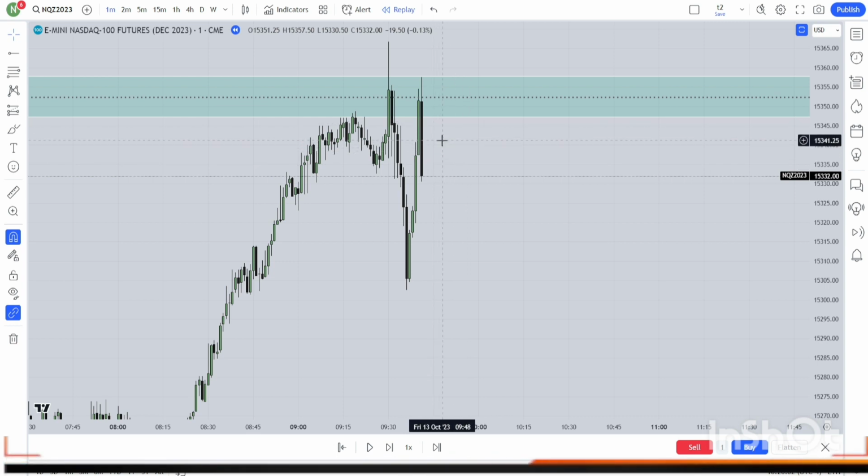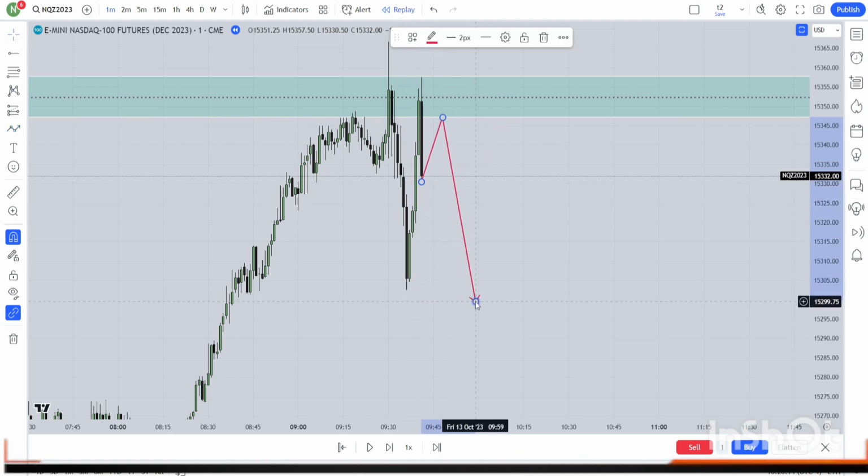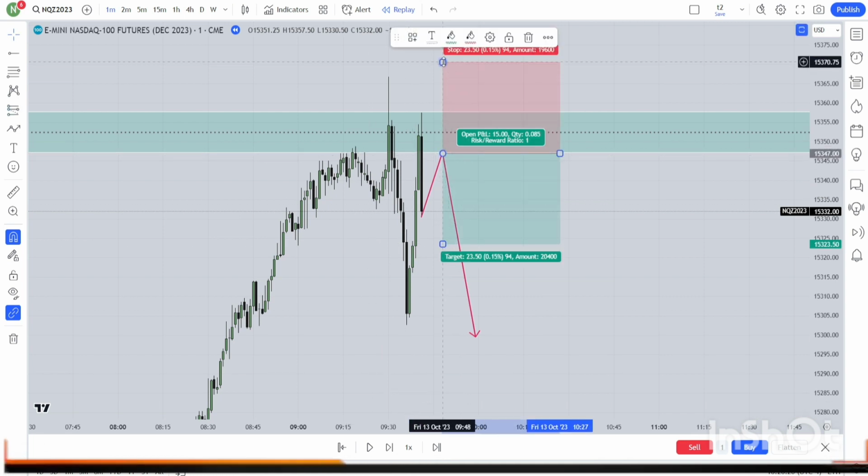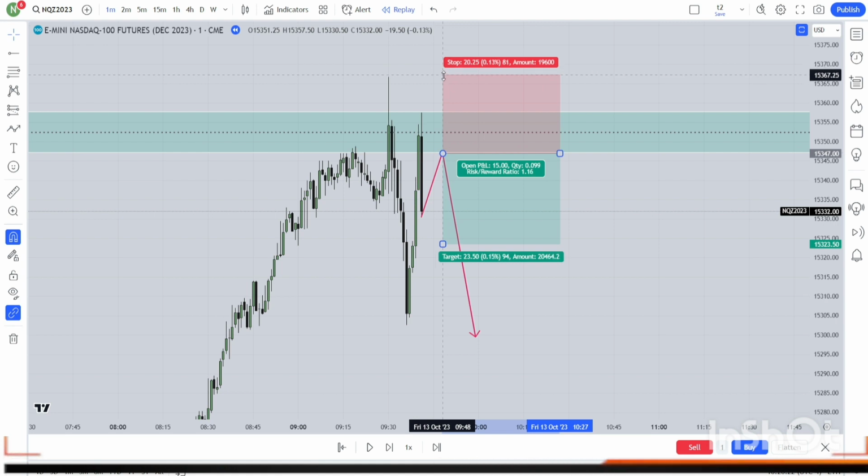We don't need any kind of market structure shift or anything. If price can go to this low again, we will take our sell. Where will our target be? This low will be our target. Okay, this should be our expectation now. So I will just put my entry over there, and where will our stop loss be?